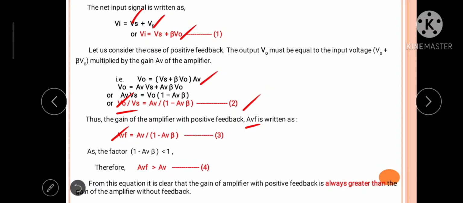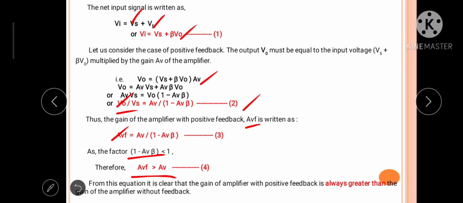Now in this equation 3, as the factor 1 minus Av into beta is less than 1, we can rewrite the above equation 3 and conclude that AVF is always greater than Av. Here in equation 4, AVF is voltage gain with positive feedback and Av is voltage gain without any feedback.